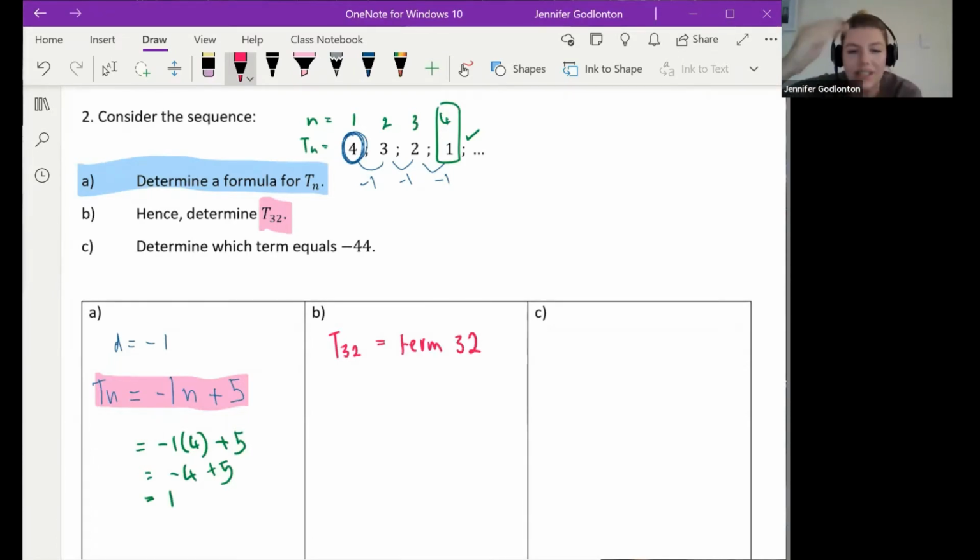T32 means our n, or our position, is 32. That's all that means. So if we know that n is 32, we're going to substitute n into our formula and figure out what our final answer is. We'll give that a go.